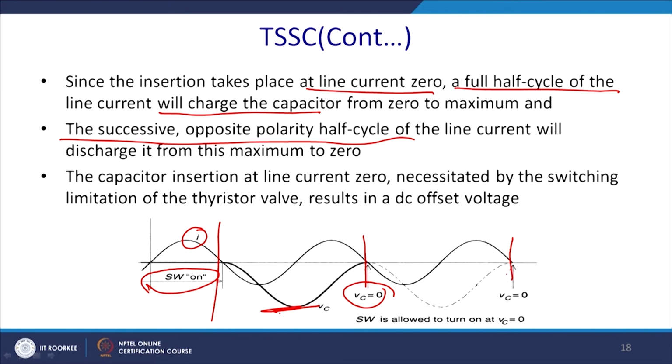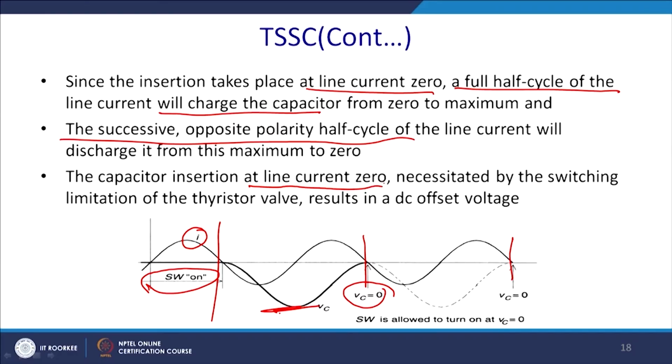The capacitor insertion at line current 0, necessitated by the switching limitation of the thyristor valve, results in a DC offset voltage. This is one of the problems. You see that there is a DC offset voltage.